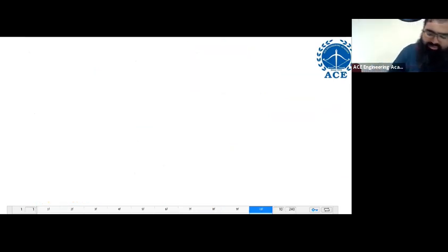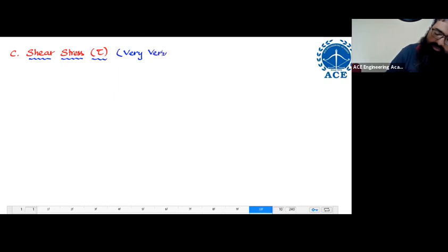Third point, shear stress. Expect a question from here. Very, very important and very, very simple equation. We are going to see the shear stress profile also over here.